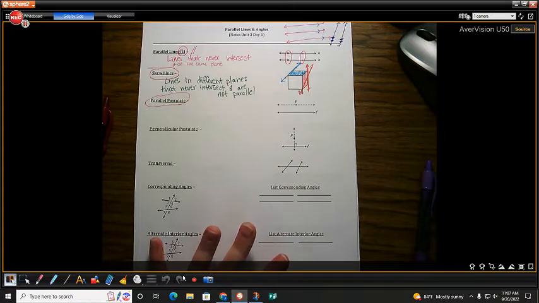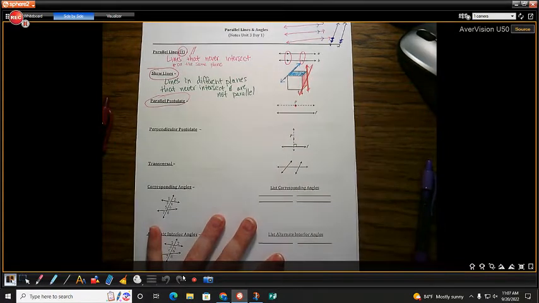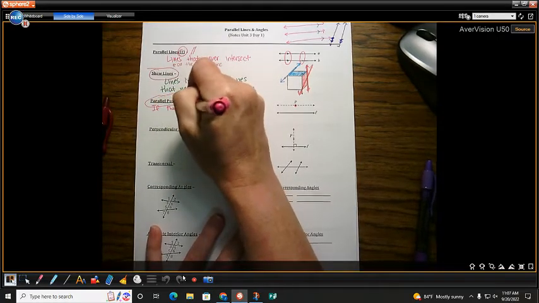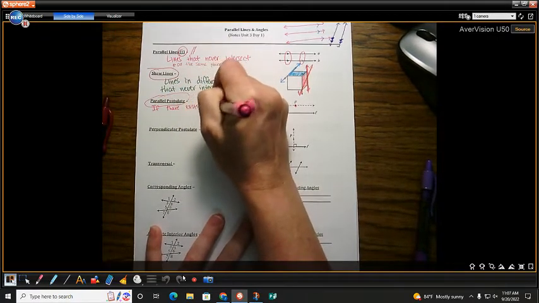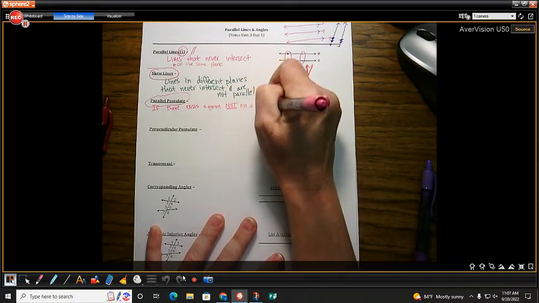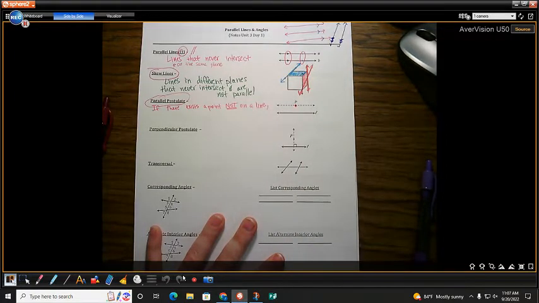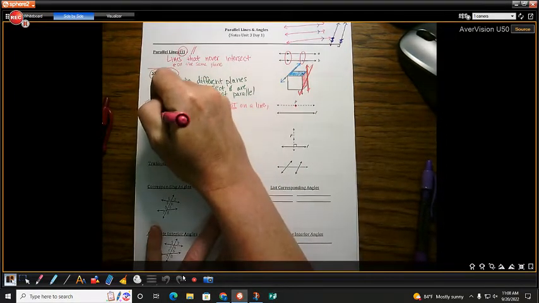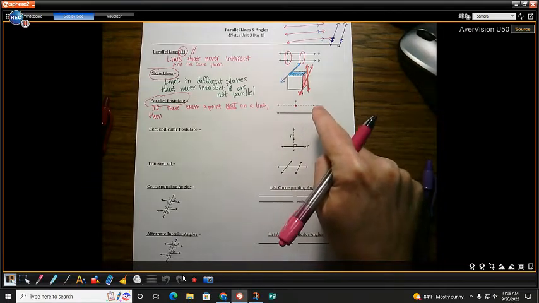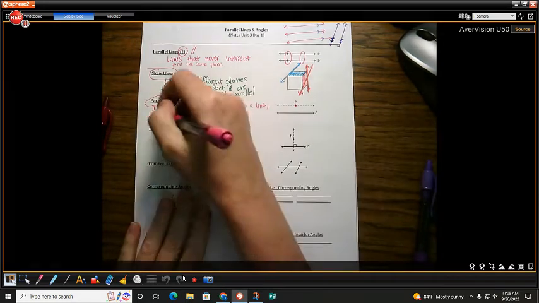Do I see any points not on line L? Point P. So if there exists a point that is not on a line, then, now I'm doing the conditional statement, there is only one line I can draw through P that'll be parallel to L. Okay?